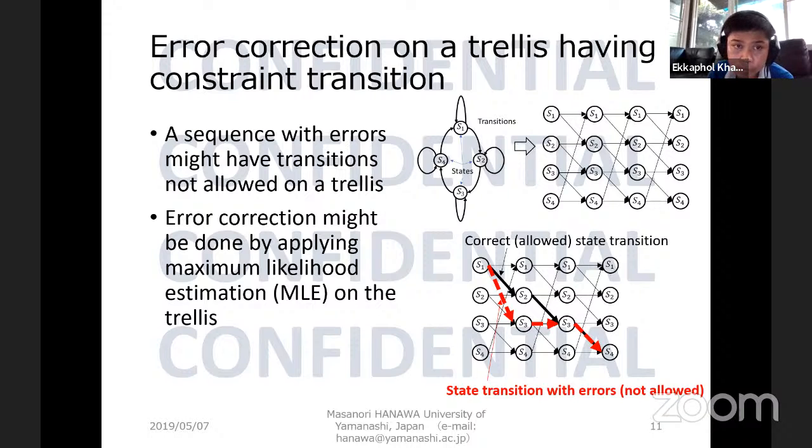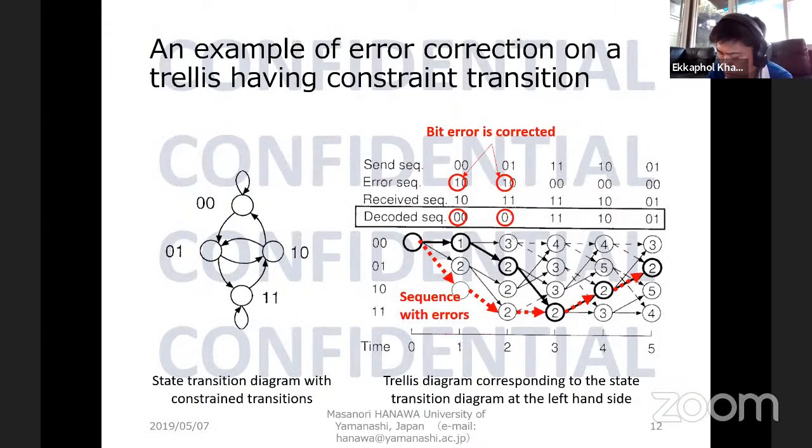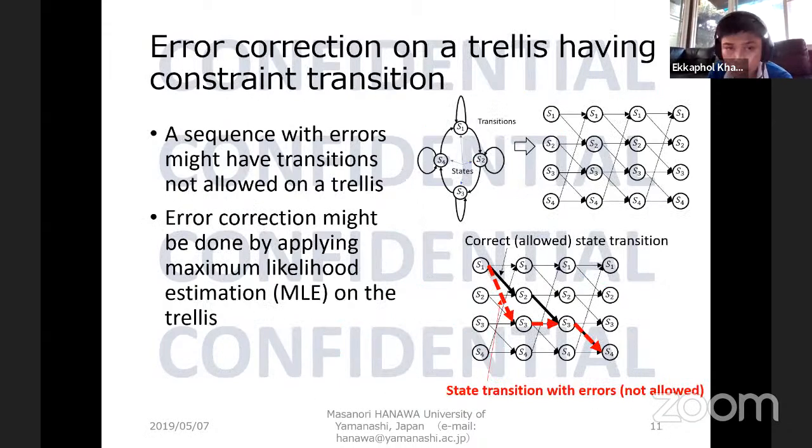A simple one is enough. But convolutional coding is the key to understand what I want to explain.